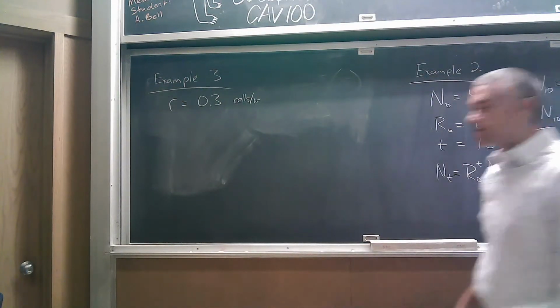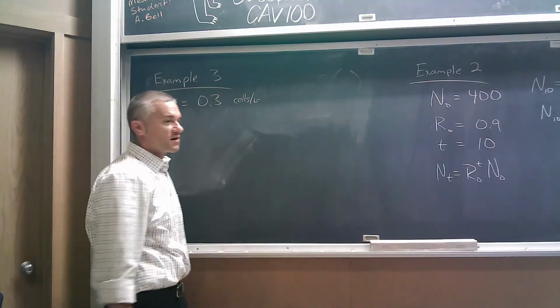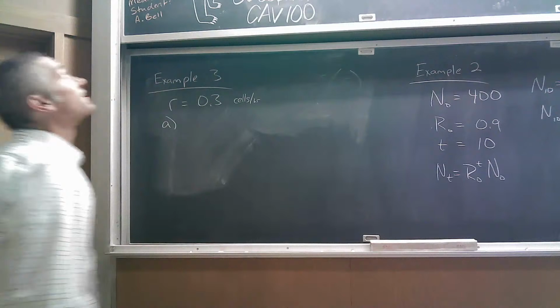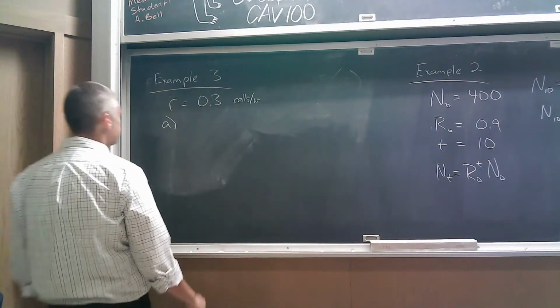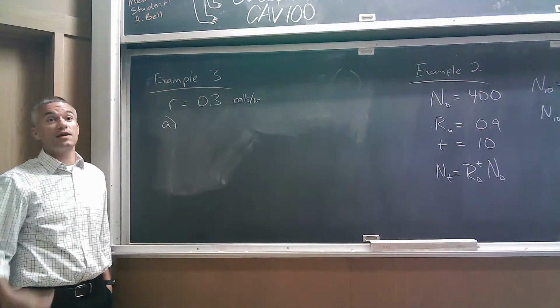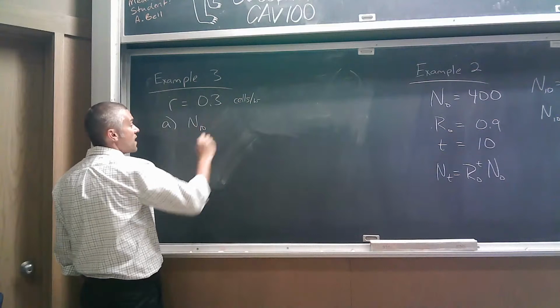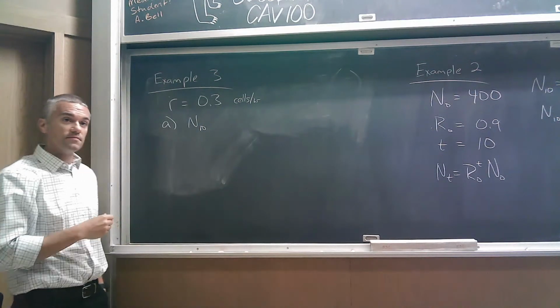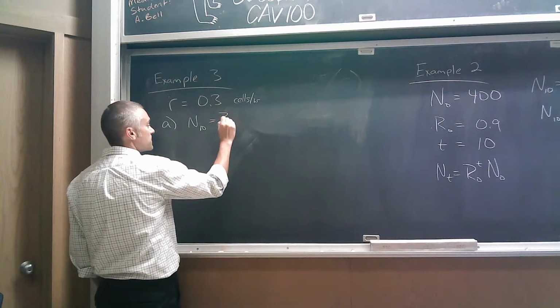So we've got two questions. A, if we start with 10 cells, how many will we have in 10 hours? So in this question, we're asking how many cells do we have in 10 hours? So we are looking for n sub 10, population size in 10 hours.